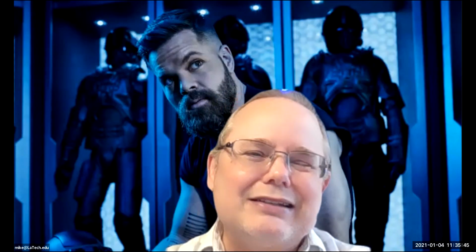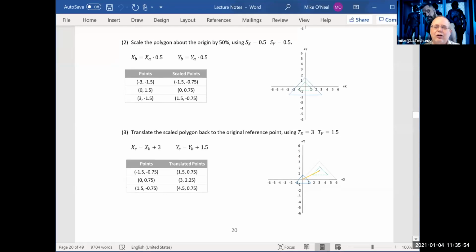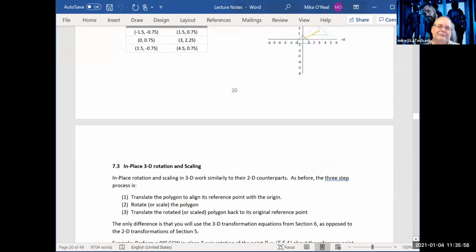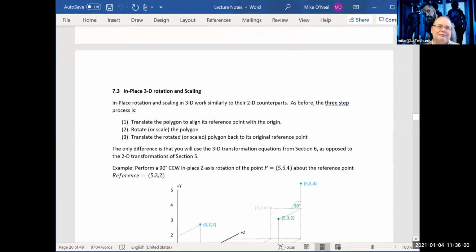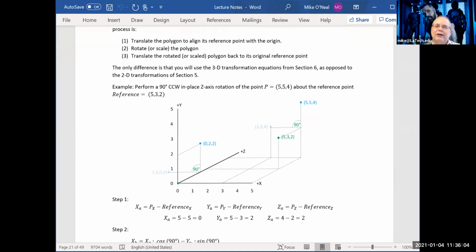So let's look at a three-dimensional rotation. Now, it's hard to draw a three-dimensional rotation when all I have is something that's flat.